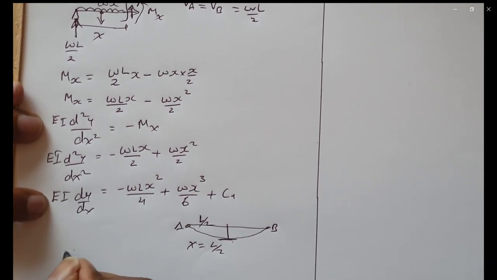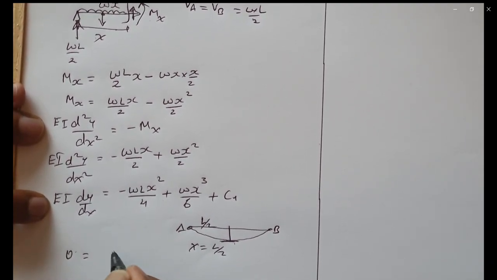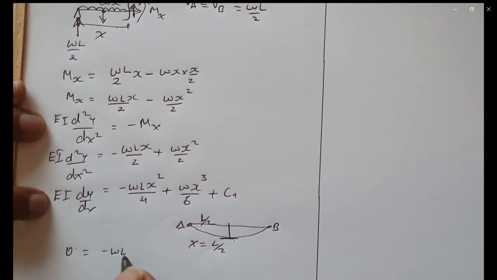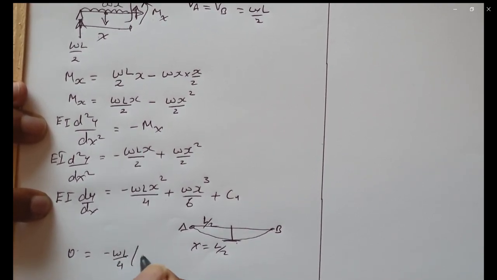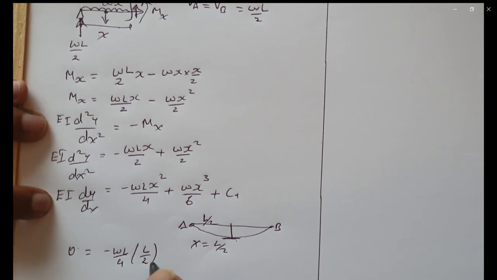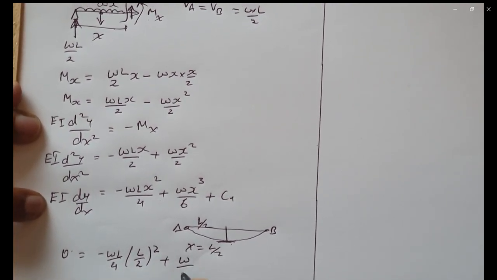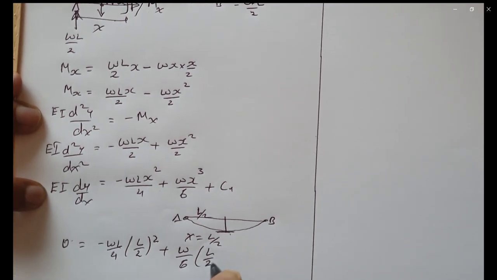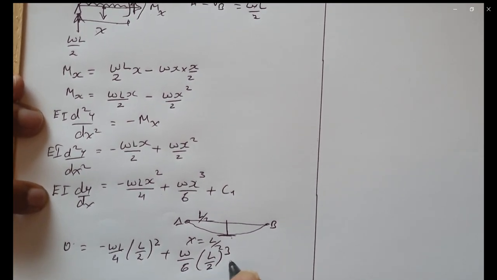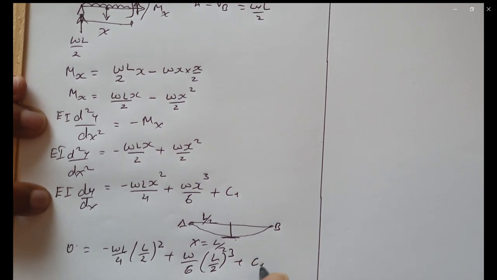So 0 is equal to minus WL over 4 times L over 2 squared plus W over 6 times L over 2 cubed plus C1.